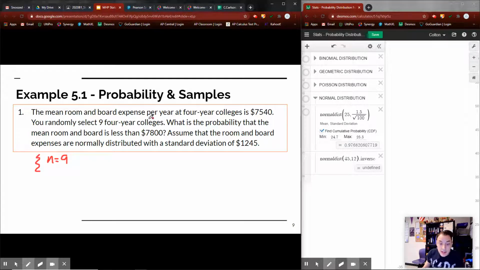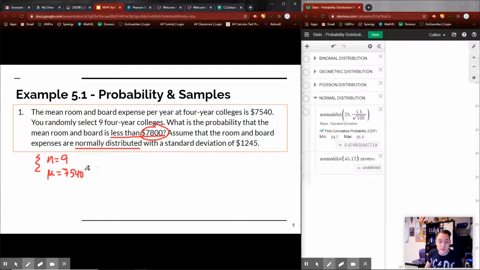And then my mu, my population mean, is going to be 7,540. So what is the probability that the mean room and board is less than 7,800? Now assume that the room and board are normally distributed.